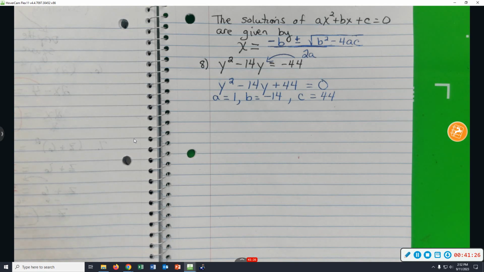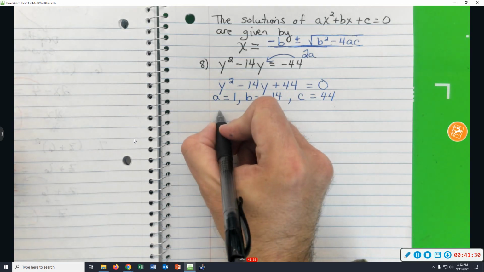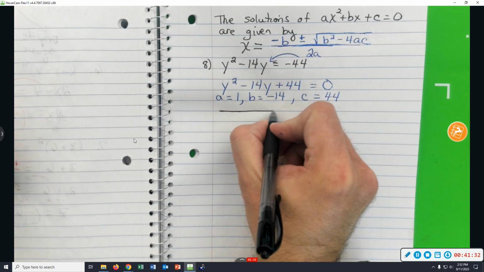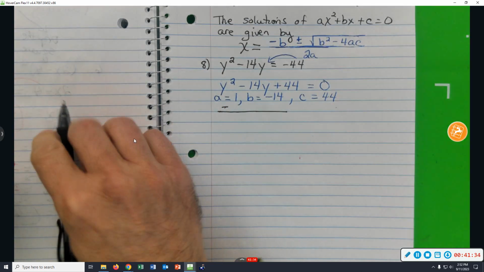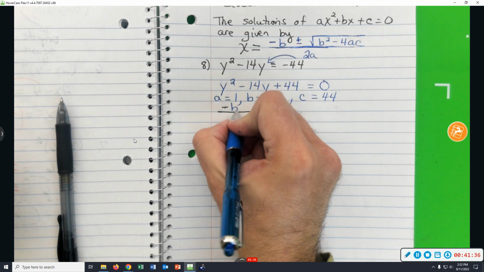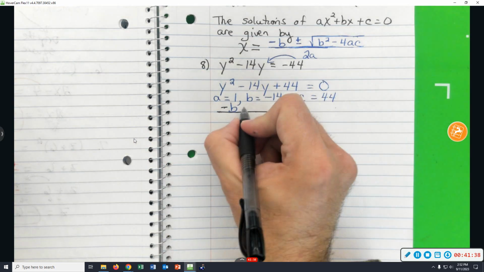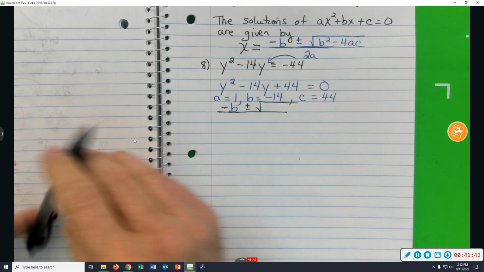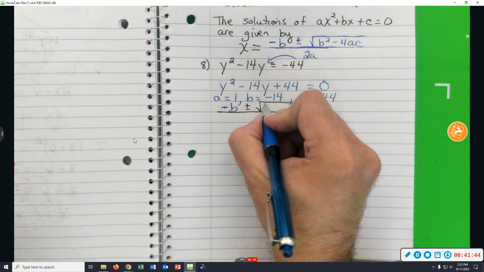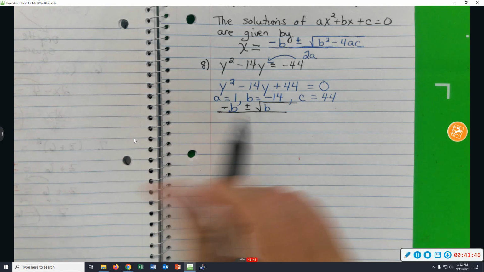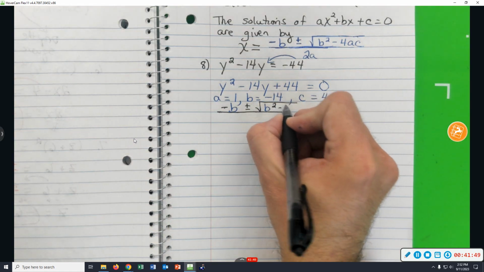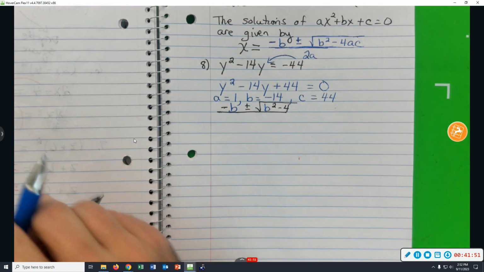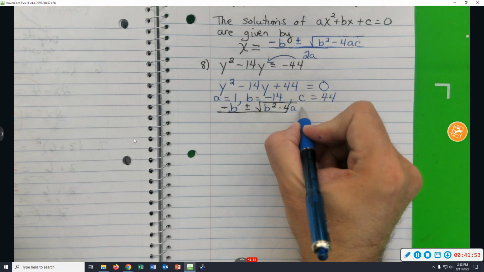I'm going to write out the quadratic formula right now. Negative b plus minus the square root of b squared minus 4 times a times c.